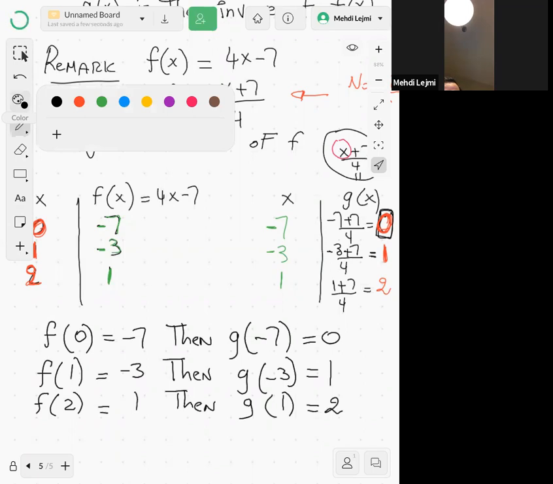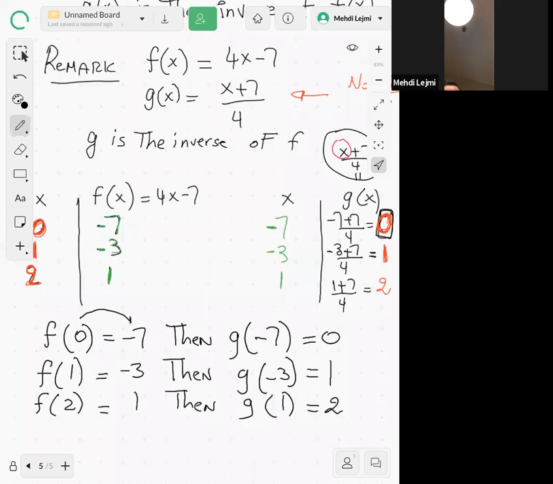So in some sense you switch the input x with the output y, right? So here, f of 0 is negative 7. Then g, which is the inverse of f, g of negative 7 would be 0. Etc. Like here, f of 1 is negative 3.